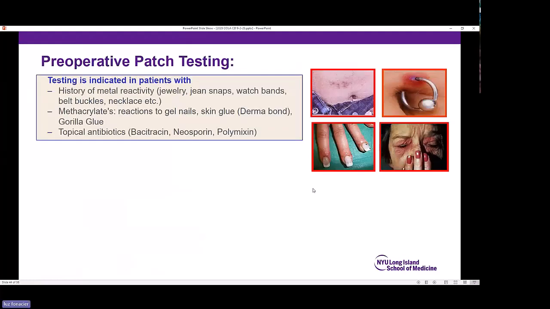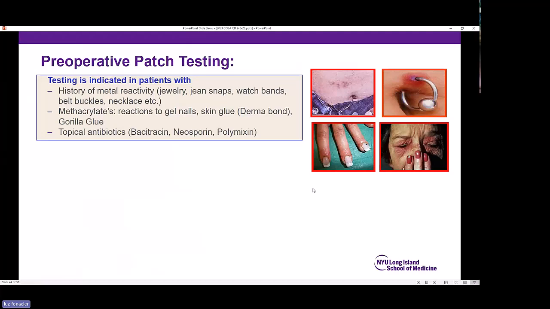So there are two timings for patch testing. Pre-operative: a patient has a history of metal allergy, is going to undergo hip replacement, and he's concerned, you and the patient and the surgeon are concerned because of possible reactions. So there, as I said, is it the metal or is it the acrylates?